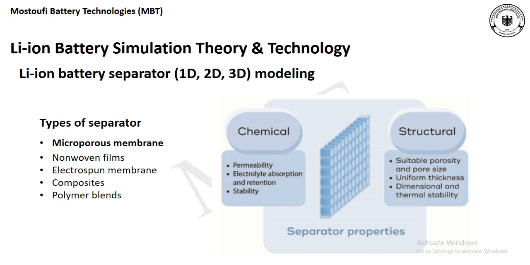In chemical properties, we deal with permeability, electrolyte absorption and retention, and stability of the separator. And in the structural group, we have properties like suitable porosity and pore size, uniform thickness, and dimensional and thermal stability, which are important for preventing the battery from thermal runaway.